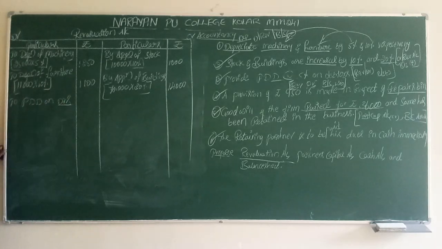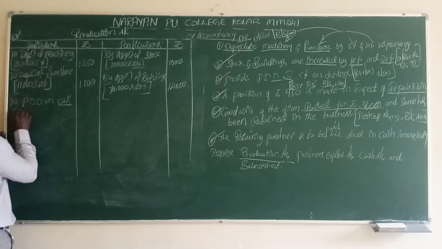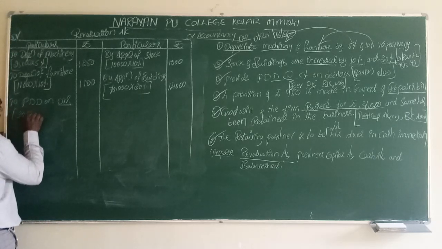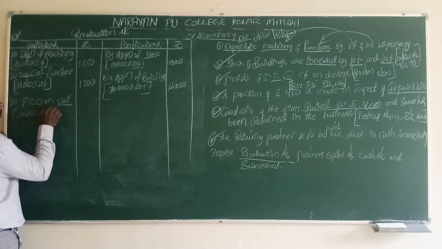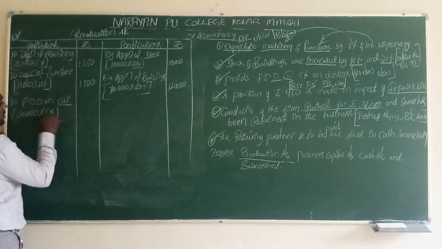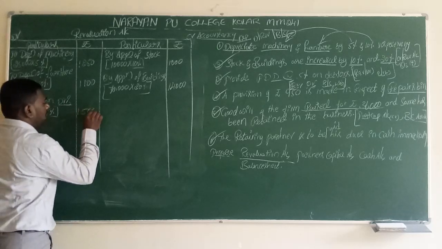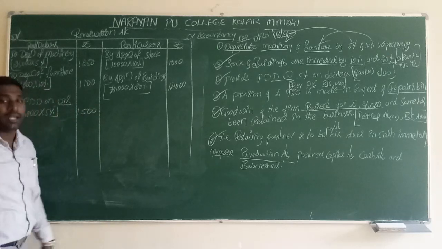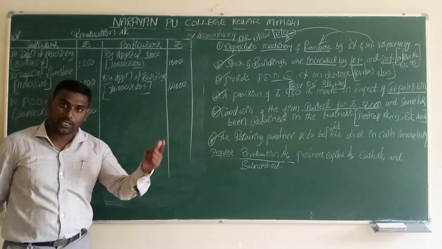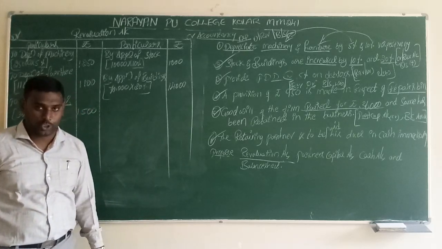The debtors' value, at the rate of 5%. The value of debtors is 30,000. In brackets we write 30,000 is the value of debtors into the rate of 5%. Therefore we get 1,500 rupees, the amount we have to deduct from debtors while preparing the balance sheet.